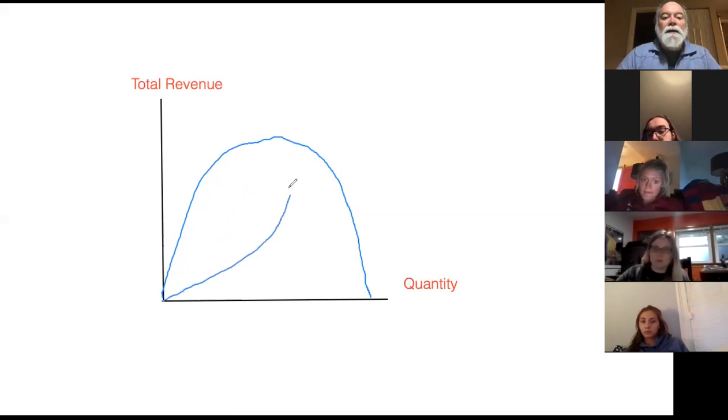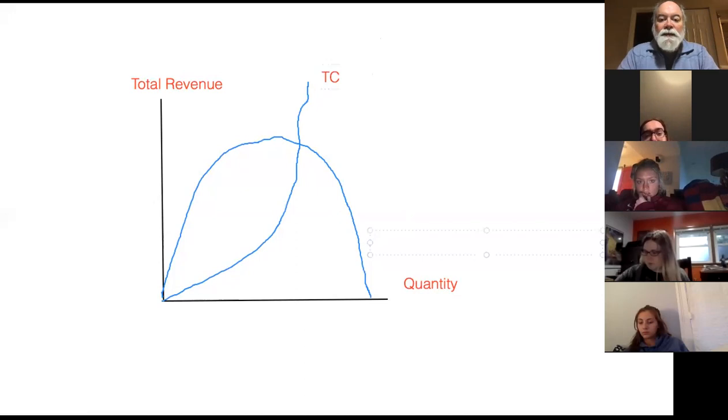Perhaps not my best work, but I think you get the point here. This curve is total cost. This curve down here is total revenue. How do we find profit from this graph?